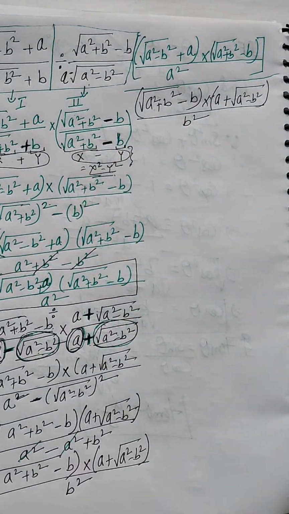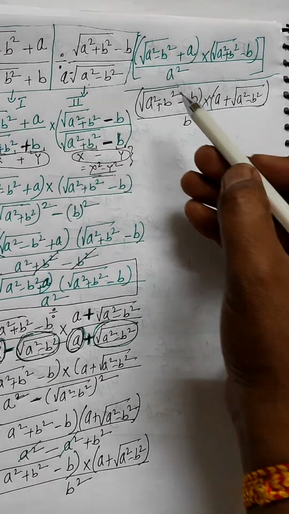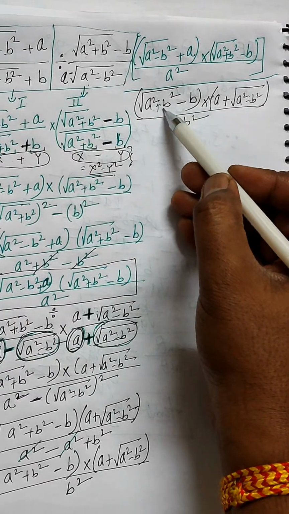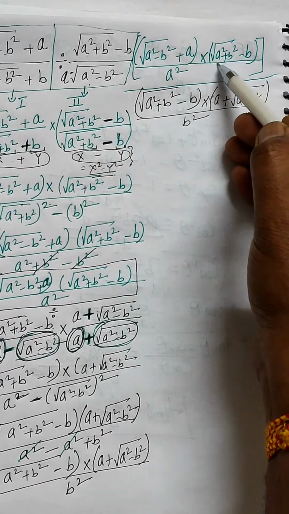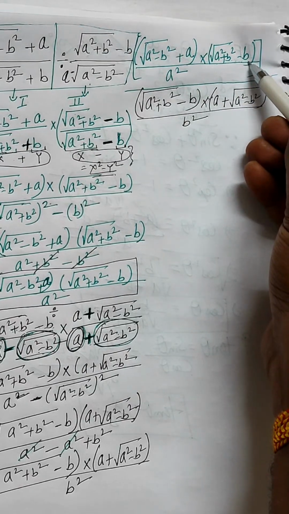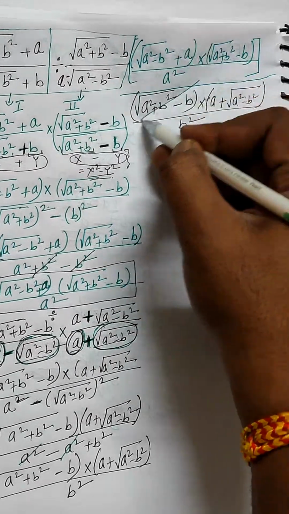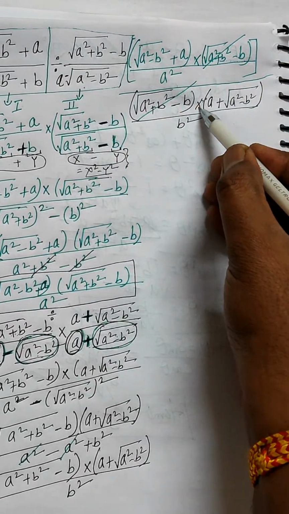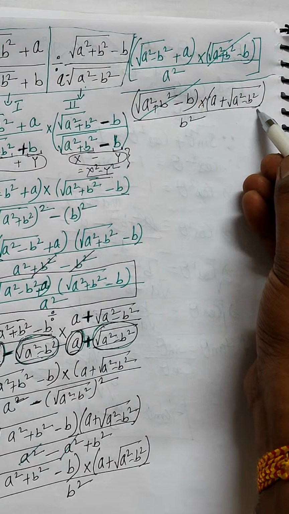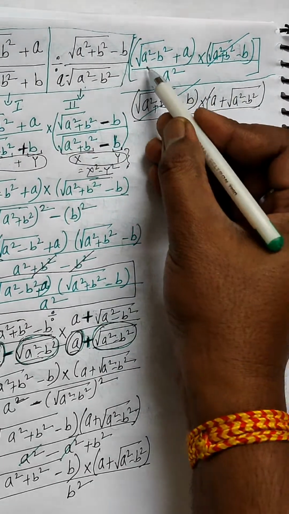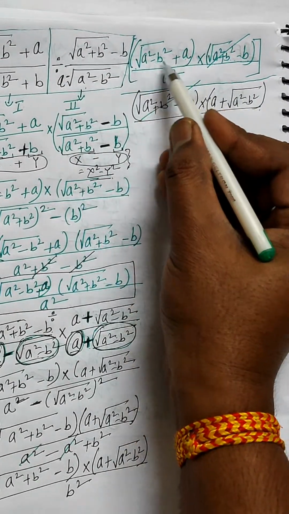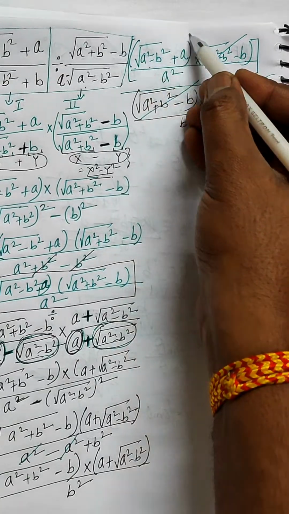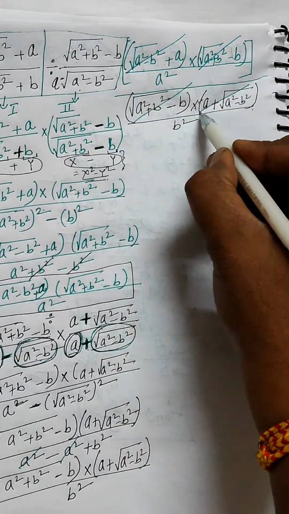So students, you can see over here that root over of a square plus b square minus b and root over of a square plus b square minus b, so this is cancelled, right? And this is multiplied with a plus root over of a square minus b square, and here also a plus root over of a square minus b square, so this is also cancelled, right?